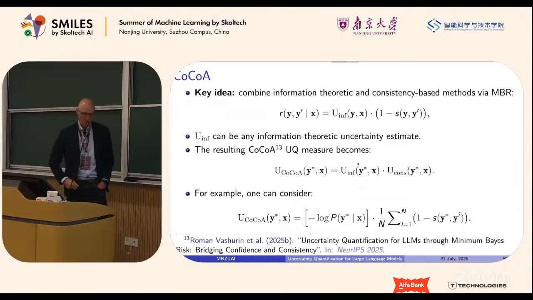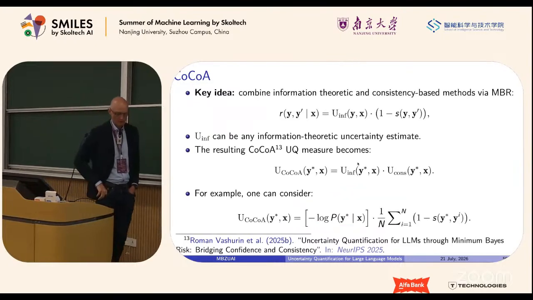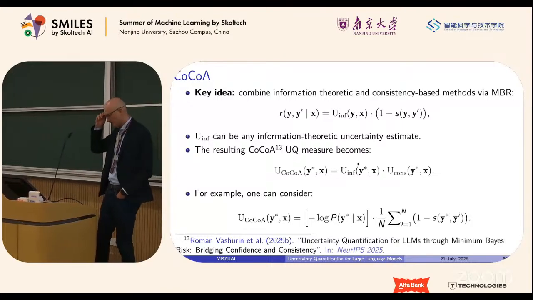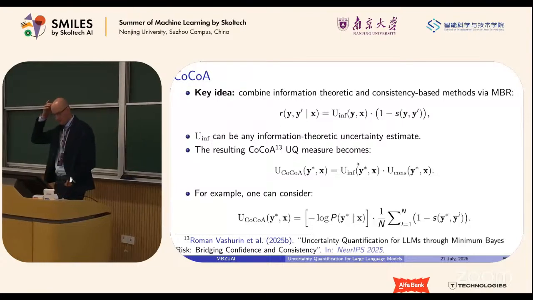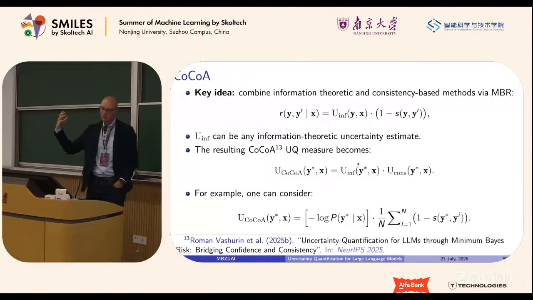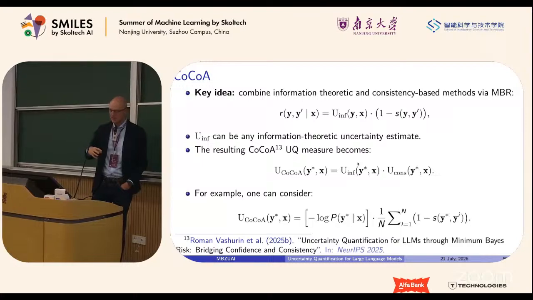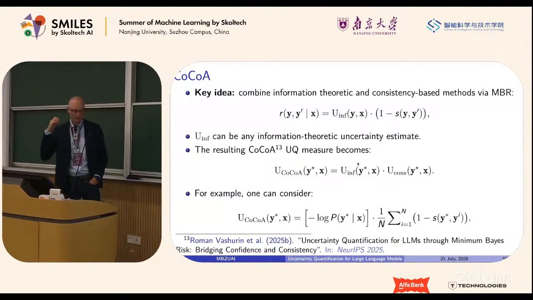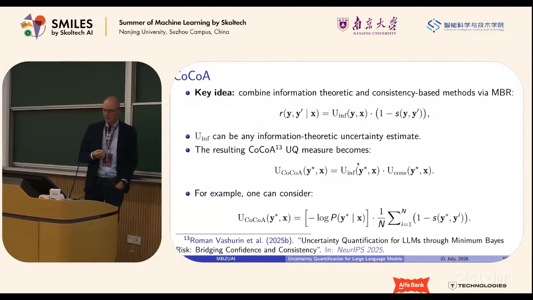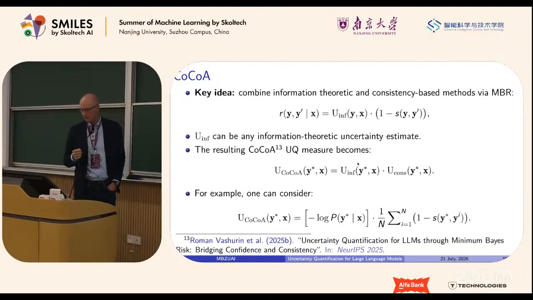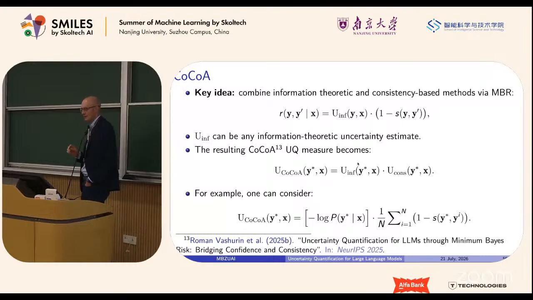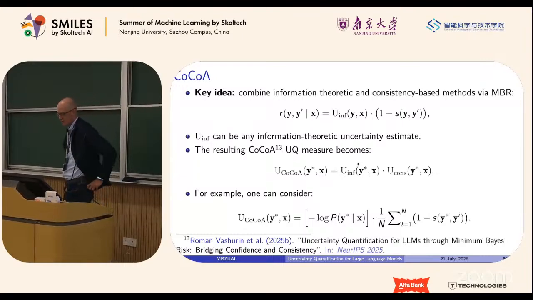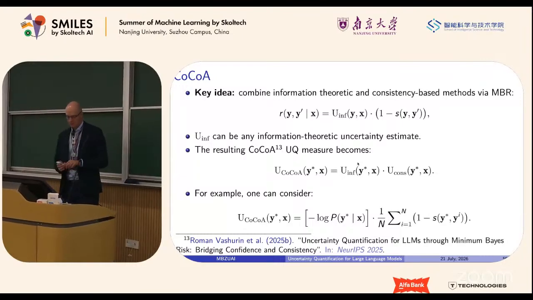To correct this problem, one of the papers that we delivered at NeurIPS 2025 is our attempt to combine consistency-based techniques with information-based scores. The idea is very simple. We just multiply some information-based metric with a consistency-based score.